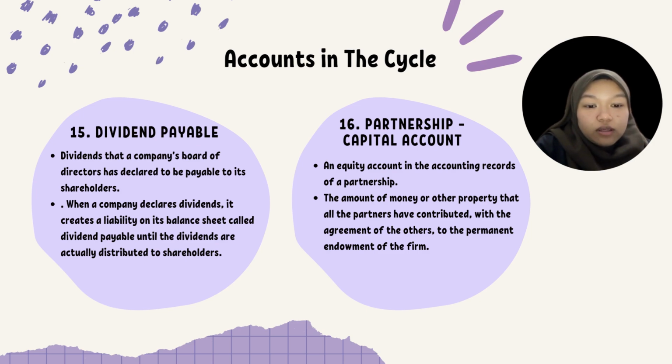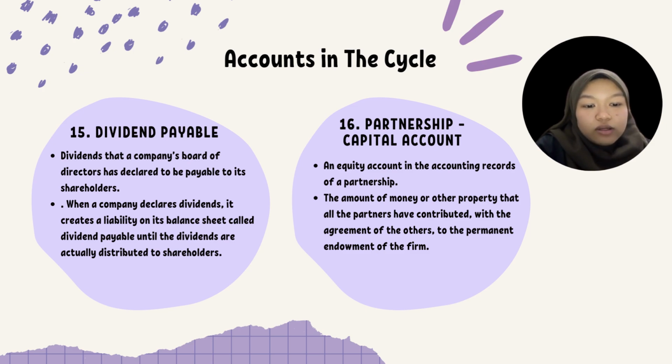So for partnership capital account, it is an accounting record that tracks each partner's investment in the business. It reflects the amount of money or assets that each partner contributes to the partnership when it is formed, as well as any additional investment made over time.